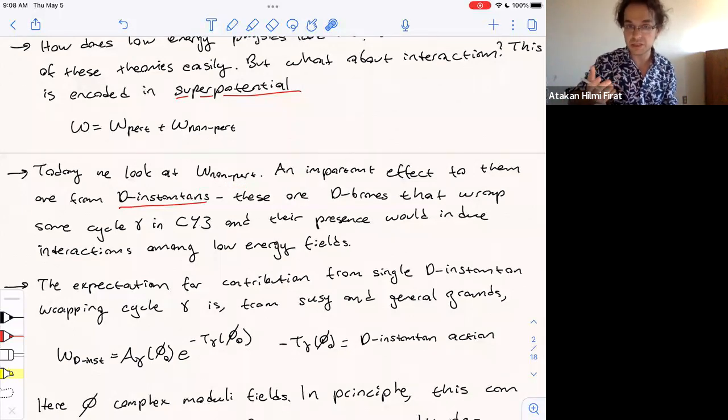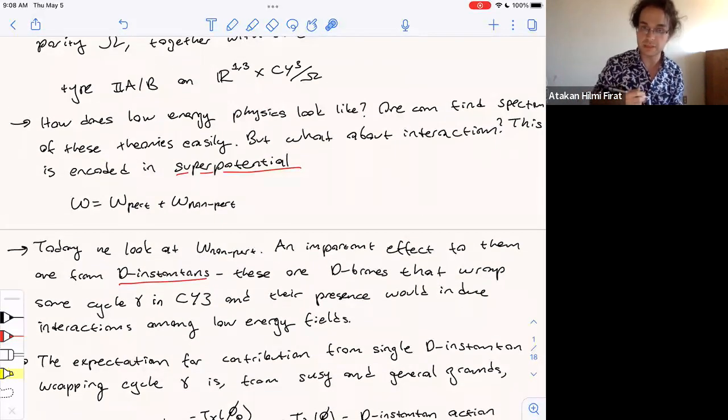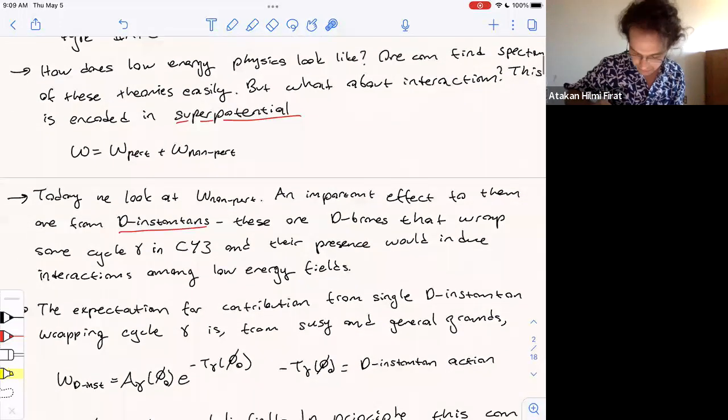We are applying Dirichlet conditions for all of the coordinates, including time, which is why I will call them D-instantons. Their effect will induce interactions for the fields. For example, it will introduce a mass term for Kähler moduli and their superpartners.